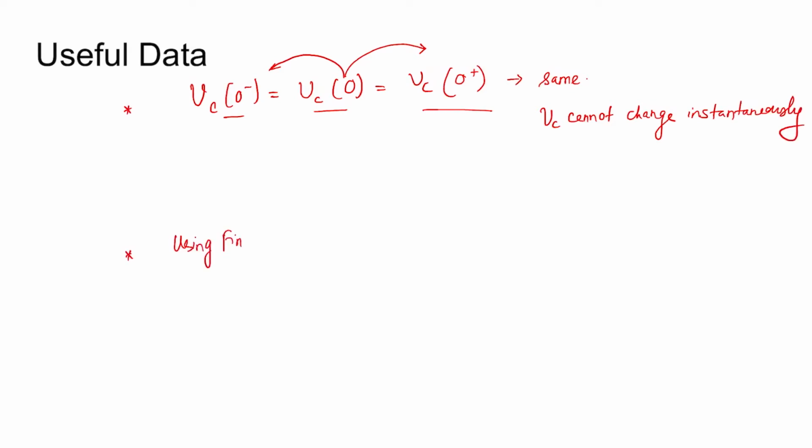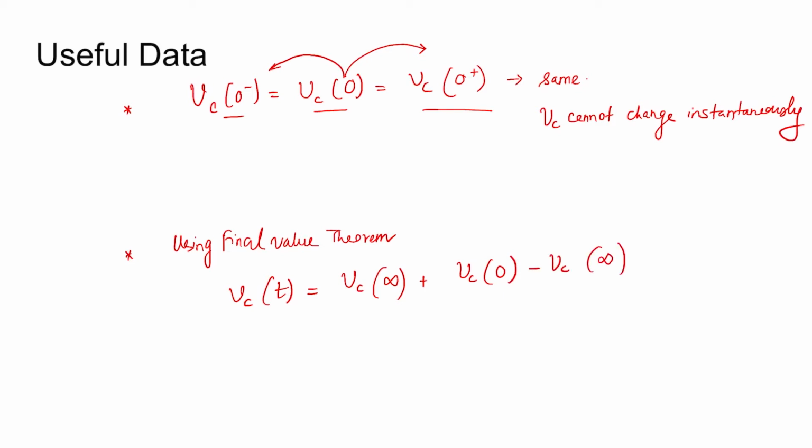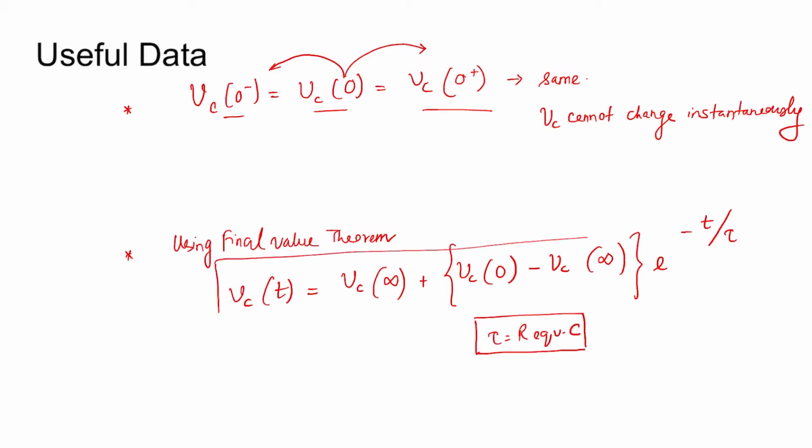Also, using the final value theorem, we can write the voltage across the capacitor as Vc(t) equal to Vc(infinity) plus Vc(0) minus Vc(infinity), into e to the power minus t by tau, where tau equals R equivalent of the circuit into C. This theorem is also valid for current.